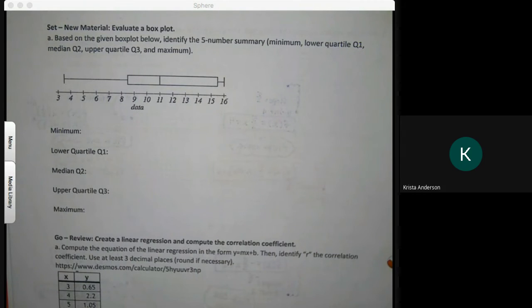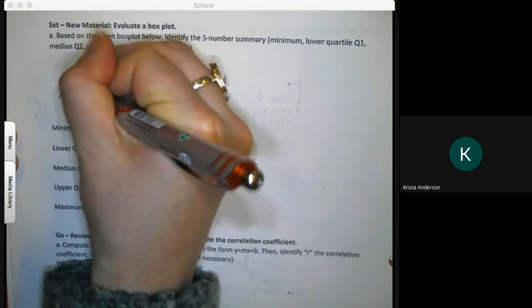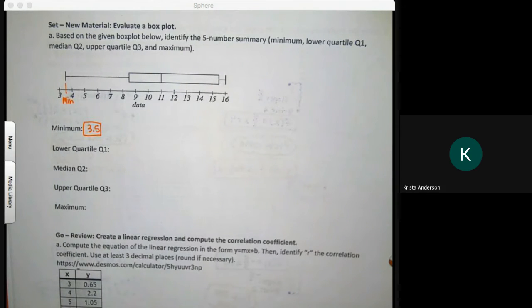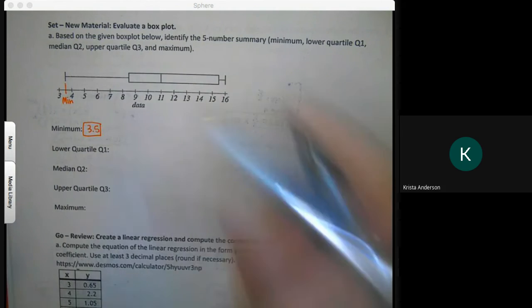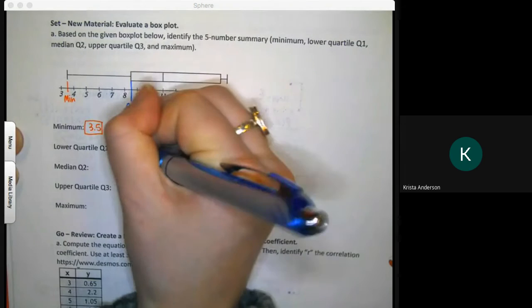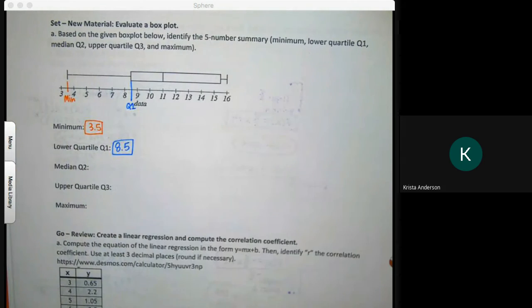So I'm going to ask you, who thinks they can guess what the minimum is? 3.5. Yeah. Okay. What about the lower quartile 1 or Q1? I heard 8.5. Median?